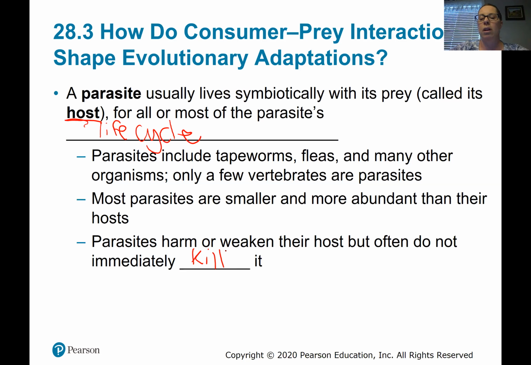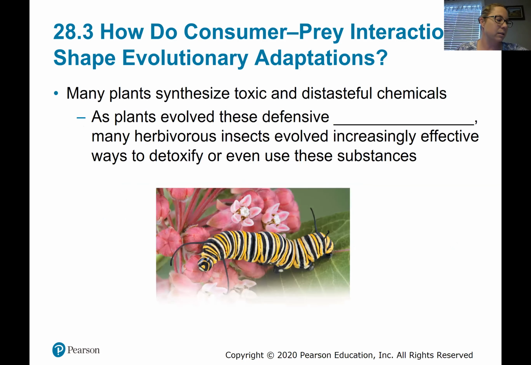But if there is a large enough parasite infection and maybe a lack of nutrition or clean water or some other factor, sometimes those parasites can weaken the host enough that a disease or malnutrition or something else will kill it. Parasites don't always want to kill the host because they're going to lose their source of nutrients and could die themselves, but sometimes the host could get weakened so much that it does not make it.